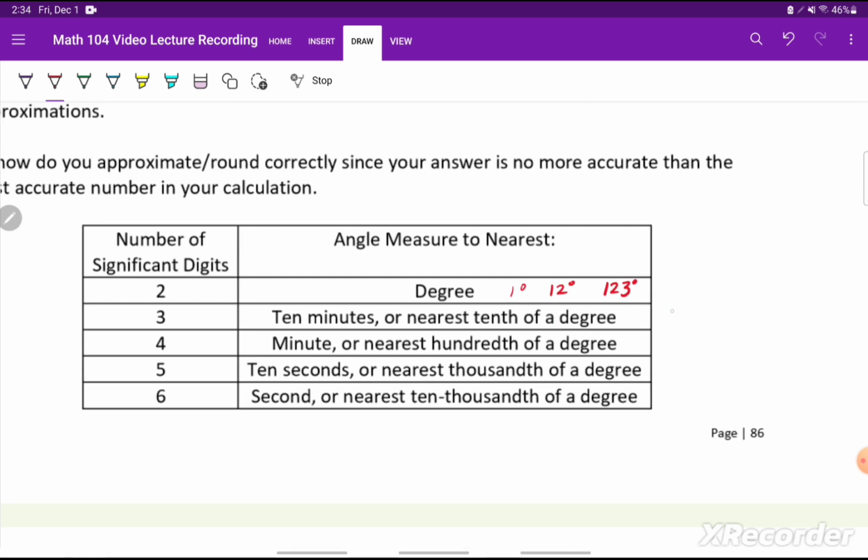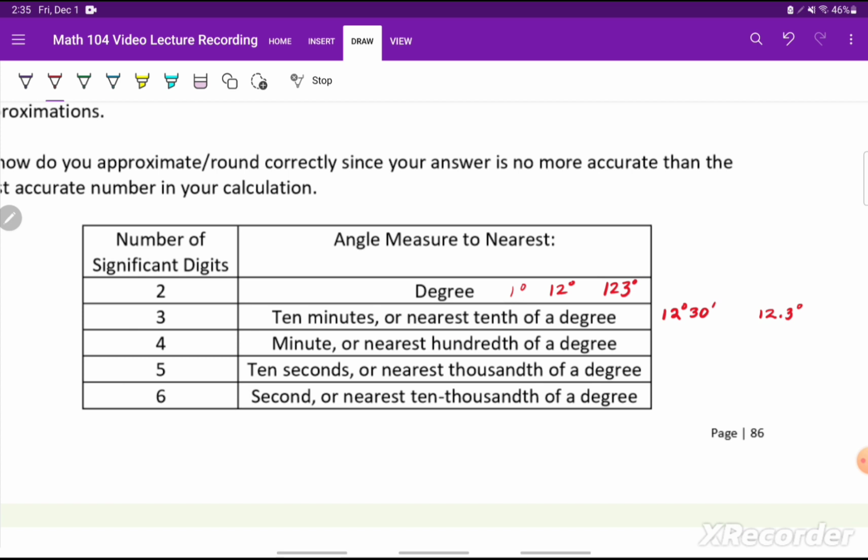So we're talking about something like 12 degrees, 30 minutes. See, those minutes is a multiple of 10, or 12.3 degrees. I do want to be clear that those two are not equal measures. I'm just trying to write easy numbers here.